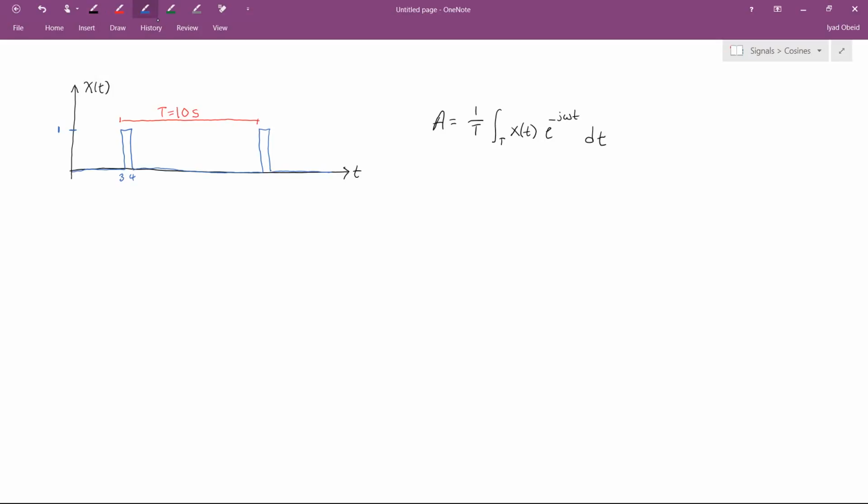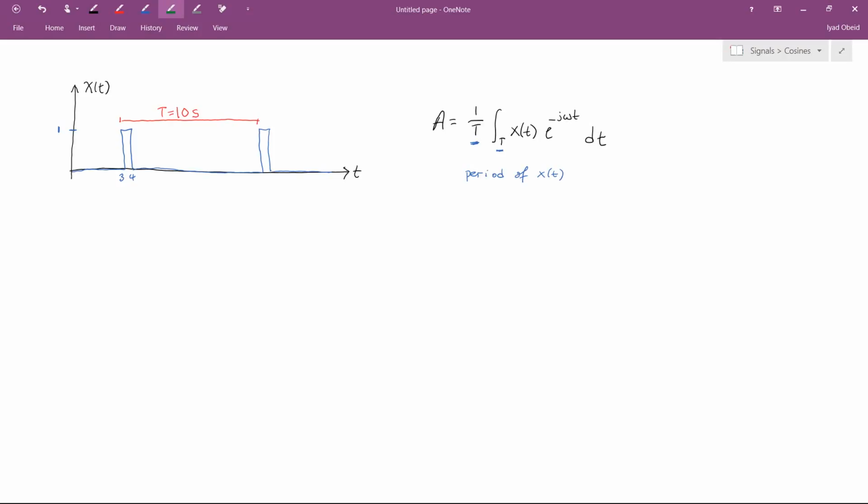And just to emphasize, the T that we're talking about is the period of x. For now we're assuming that x of t is a periodic signal. In a few videos time we will remove that restriction, but for now that's the deal.